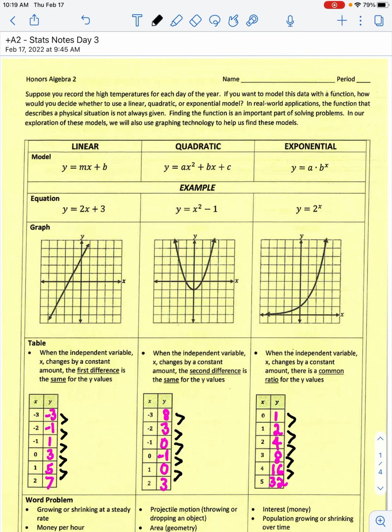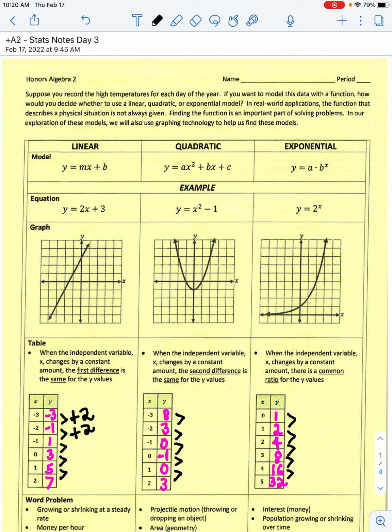As long as the table is showing an increase by a constant amount, then we can look at the y values, and in a linear model, the first difference, the difference between those y values, should be the same. So for instance, -3 to -1, if you take the second value and subtract the previous, -1 minus a -3, you can see we have a positive 2 increase. From -1 to positive 1, it's also a positive 2 increase.